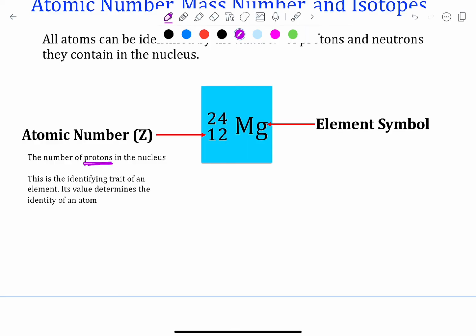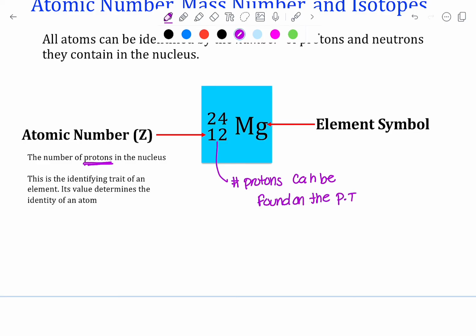The number of protons can be found on the periodic table, which I'm going to show as PT. It's the number in the upper corner of each box on the periodic table.